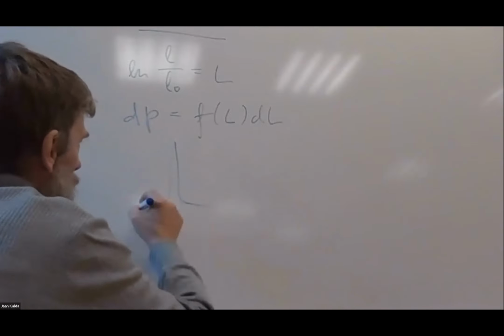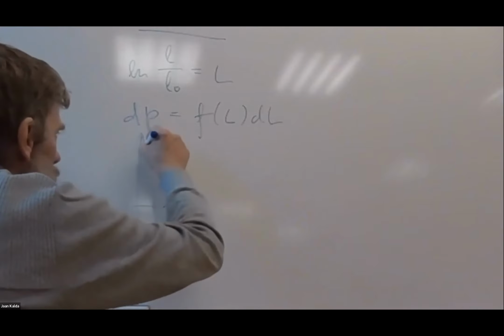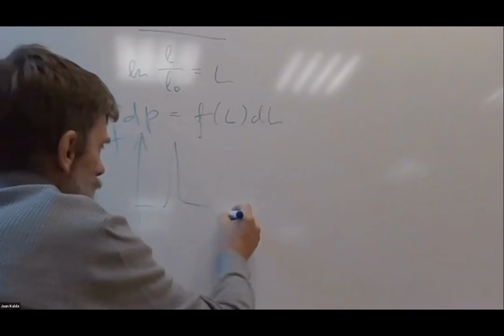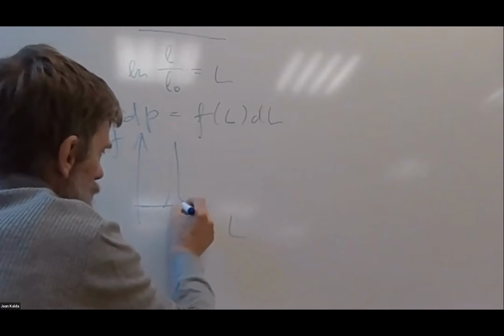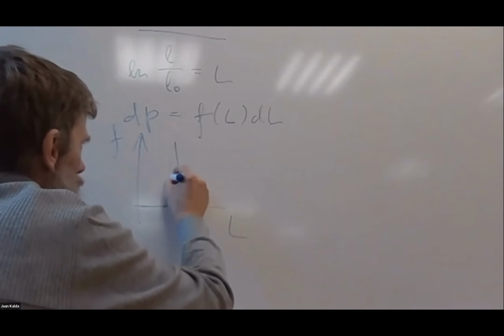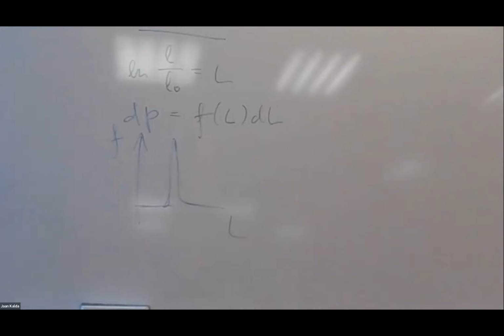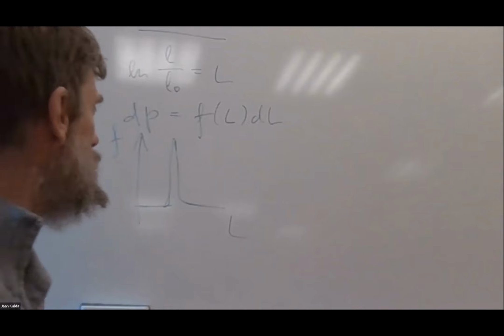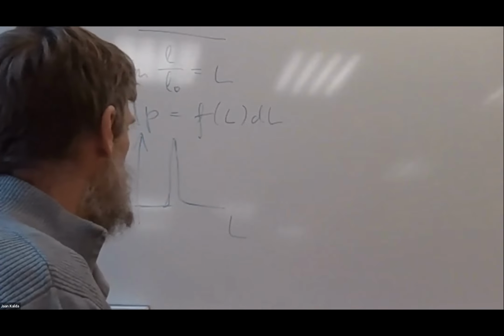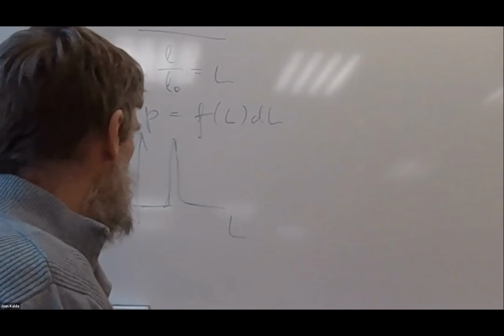So we start with f, here is f, here is L, and we start with a Dirac delta function. So we have a definite length of our material line, but then it starts being stretched, and during the correlation time something definite happens with it. So we can calculate in terms of convolution over the correlation time.